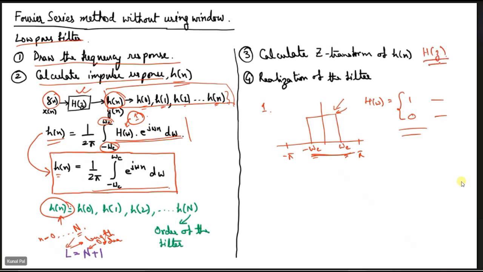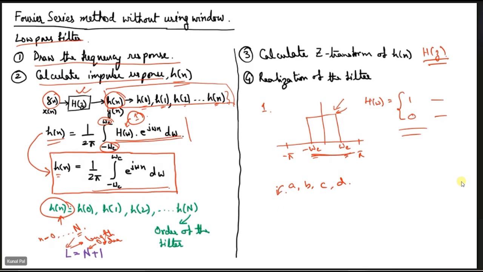Now, how do you calculate H of z? If you remember properly, when we were discussing the z transform, we said suppose we are given a series of numbers, say a, b, c, d, and so on. Converting it into the z domain, or the complex domain, is very easy.